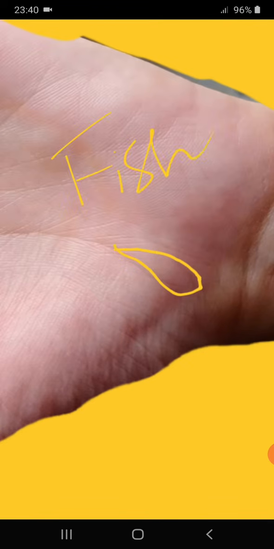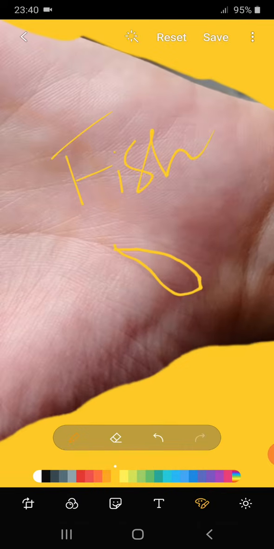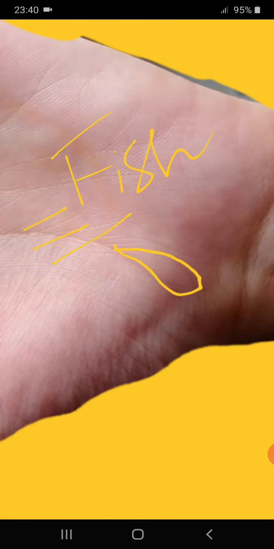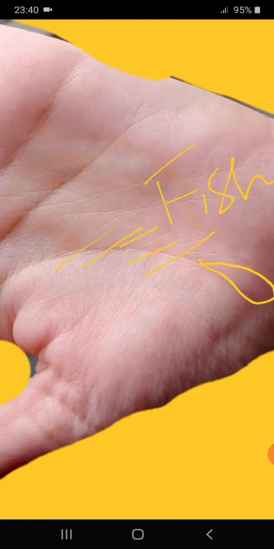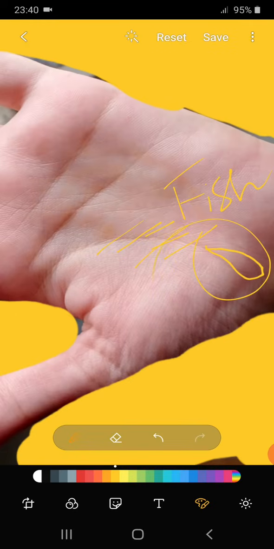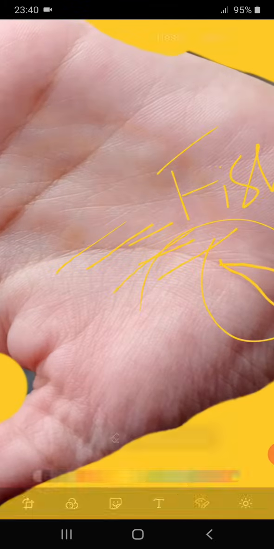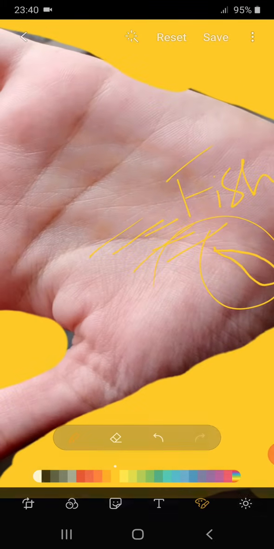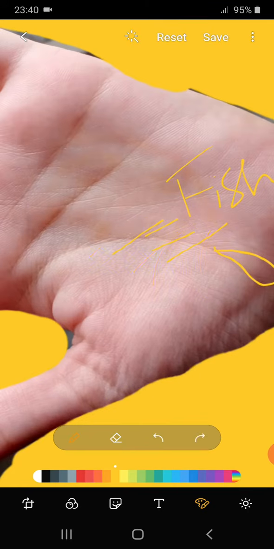It is a fish sign which is considered to be very, very auspicious for any person to have on the lifeline. What it does basically is that all these weaknesses in the hand now can be reduced with this one sign. So around 60 to 70% of the defects in the hand can be counterbalanced with this fish sign, or Matsya. So that is something which is good in this palm.